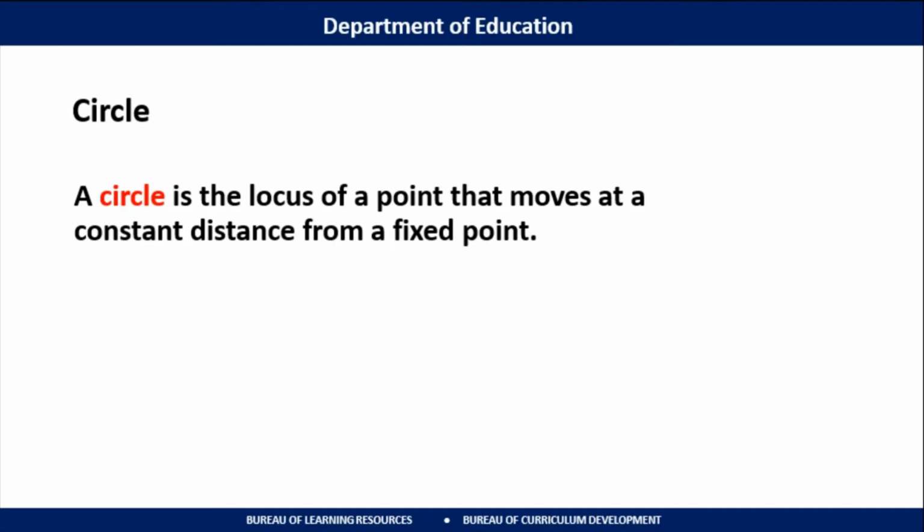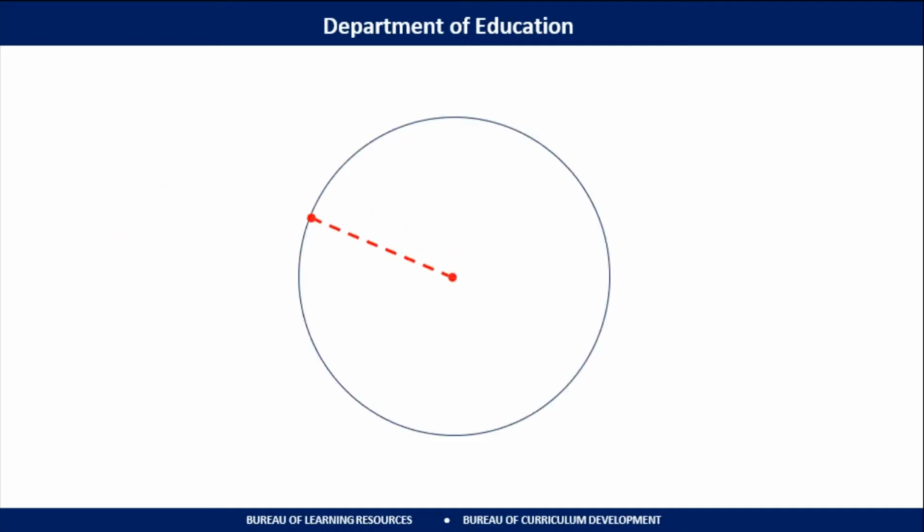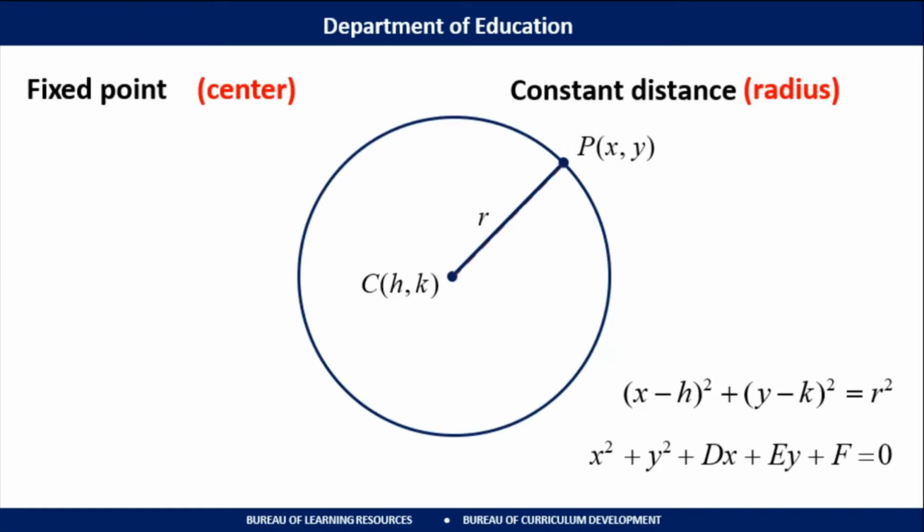So, sa circle daw, gumagalaw siya constant distance from a fixed point. Ayan siya. So, yung fixed point in a circle is the center, and the constant distance is the radius.